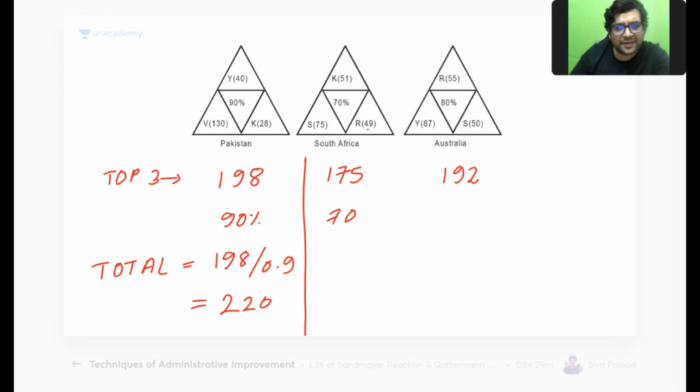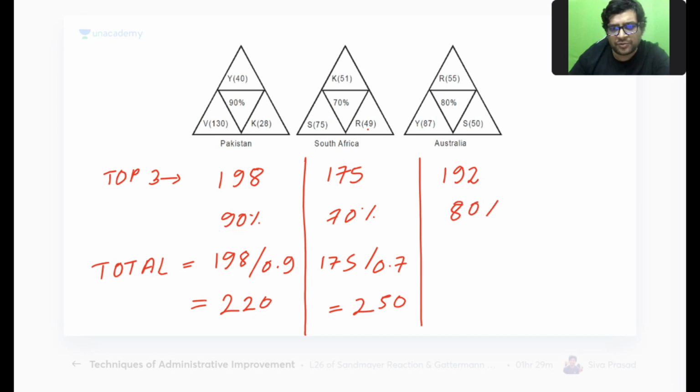This 175 is 70% of the total, which means my total is going to be 175 by 0.7 or 250. This 192 is 80%, so this is going to be 192 by 0.8, which is coming out as how much? 192 by 8 is 96 by 4, which is 240. So these are the total runs that these guys have scored in these matches.